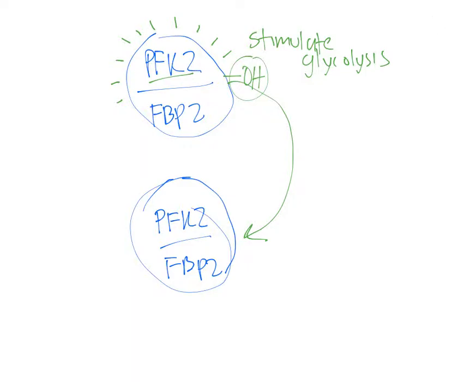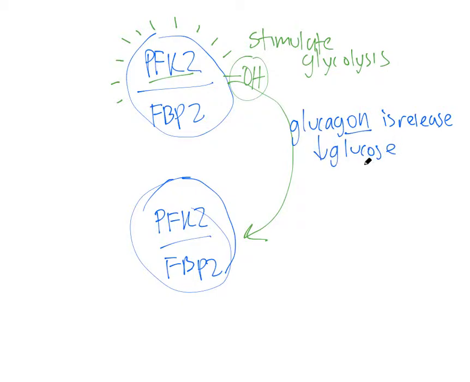But if we were ever in a situation where, for example, glucagon was released. Well, when glucagon is released, it means that glucose is gone, right? Glucose in the blood is low.